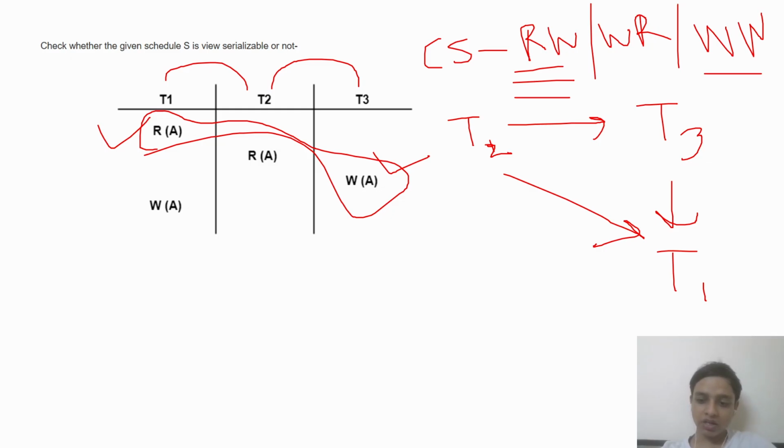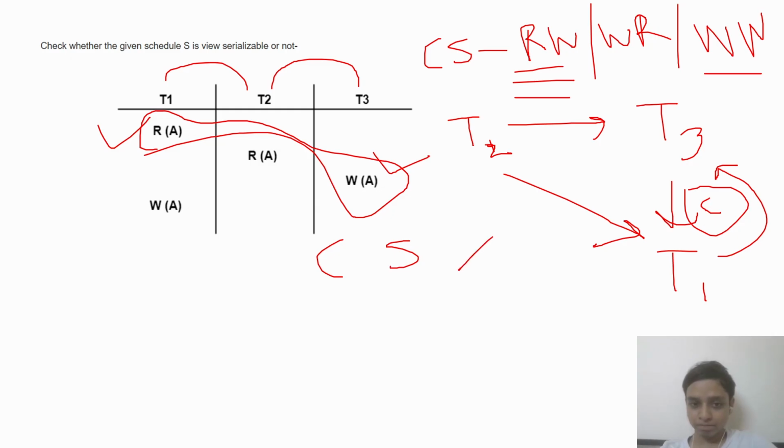We should make pairs between all the transactions and check whether there is a conflict or not. So I am checking T1 to T3. Okay. Unfortunately, we have a cycle here. So this is not conflict serializable. Conflict serializable? No.